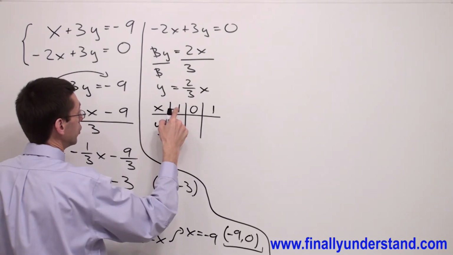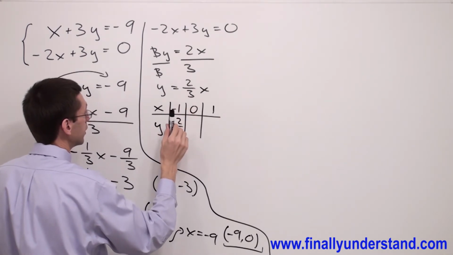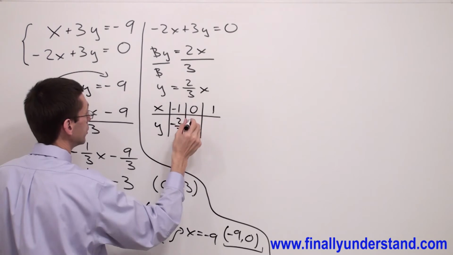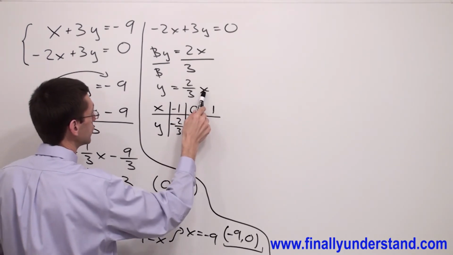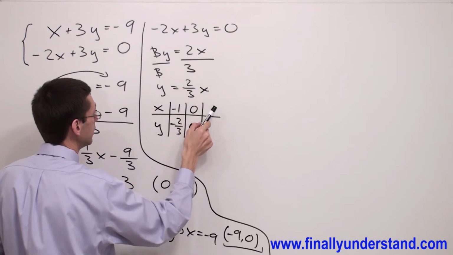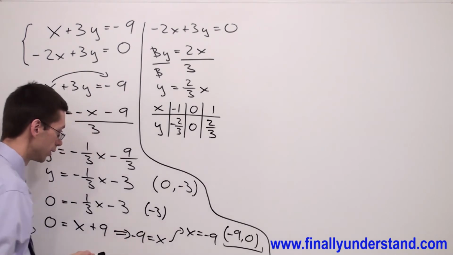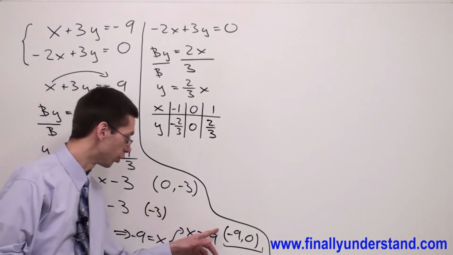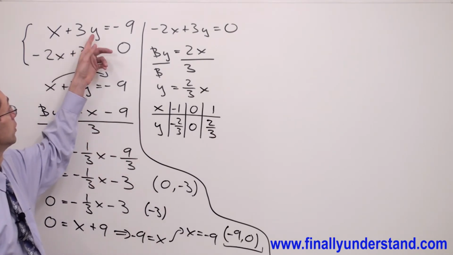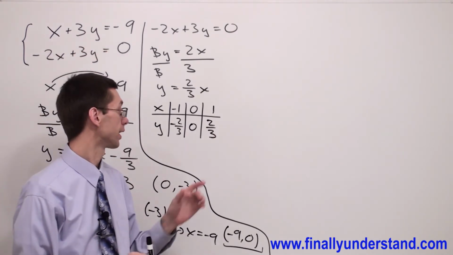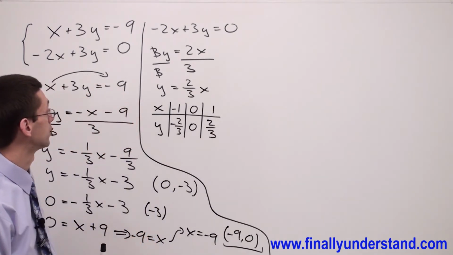Negative 1 times 2/3 is negative 2/3. 0 times 2/3 is 0. And 2/3 times 1 is equal to 2/3. So I got 2 points in order to draw the line for the first equation, and I got 3 points in order to draw the line for the second equation.